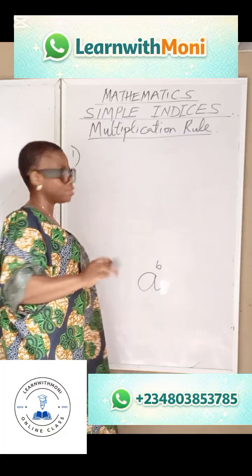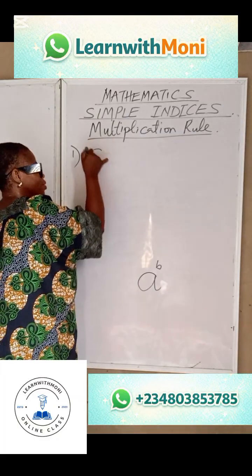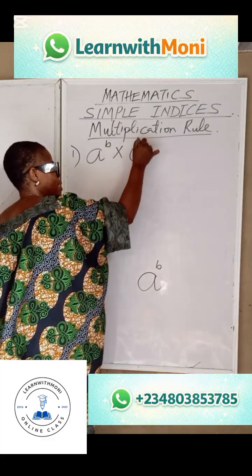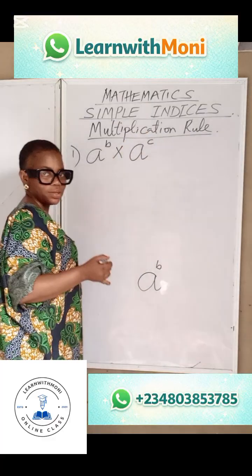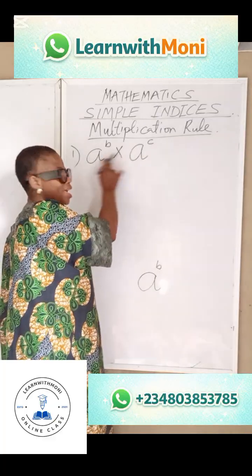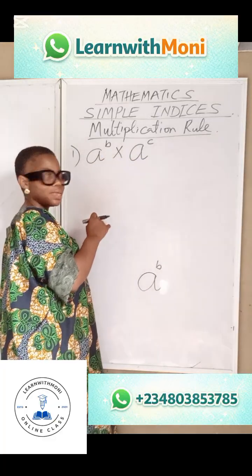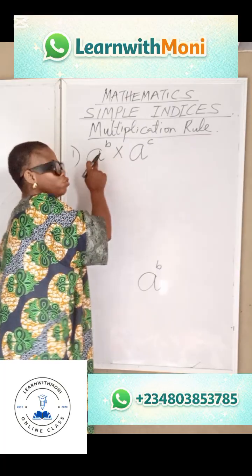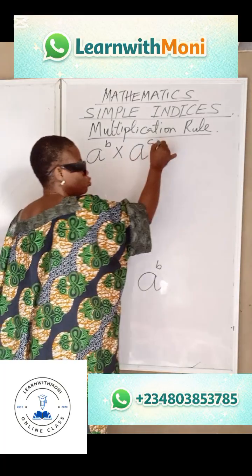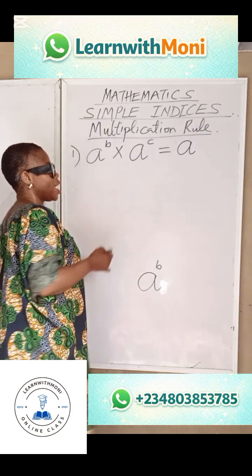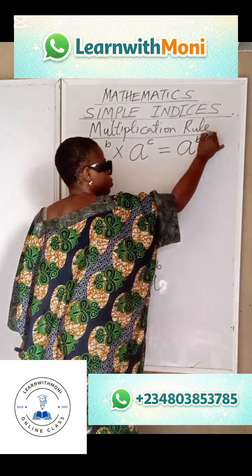I hope that is clear. So when I have a raised to power b multiplying a raised to power c, you can see that the bases are the same thing. When the bases are the same and you are multiplying, this rule of indices says that you should add the powers. That is, my result is going to be a raised to power b plus c.